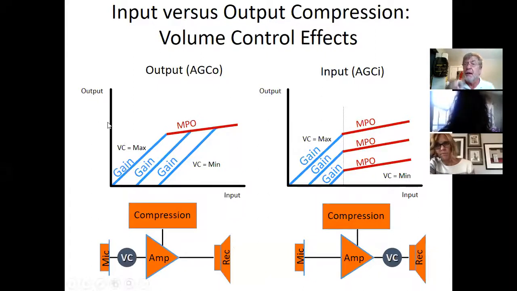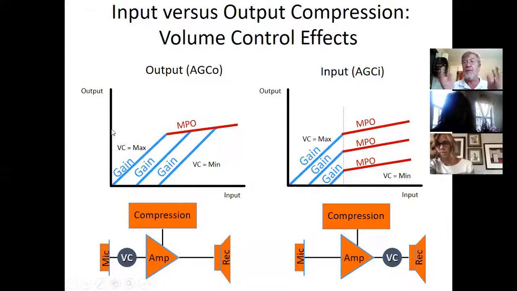Okay? With maximum volume control, I need this input to give me almost the same output. See, with volume control minimum, I need a lot of input to give me that amount of output. If I turn up the volume, I need way less input to give me almost the same output.